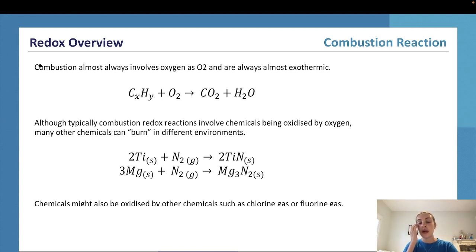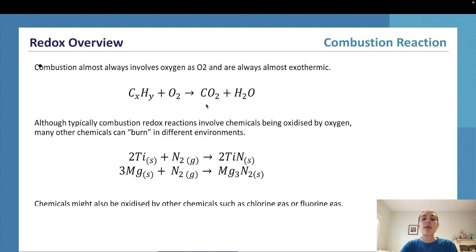They follow this typical rule where they need to have some sort of hydrocarbon, so something that involves hydrogen and carbon bonded together, then reacting with oxygen, and this occurs under heat and will pretty much all the time form carbon dioxide and water as its products.